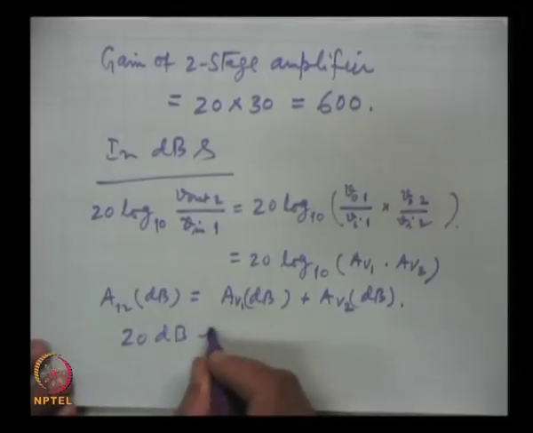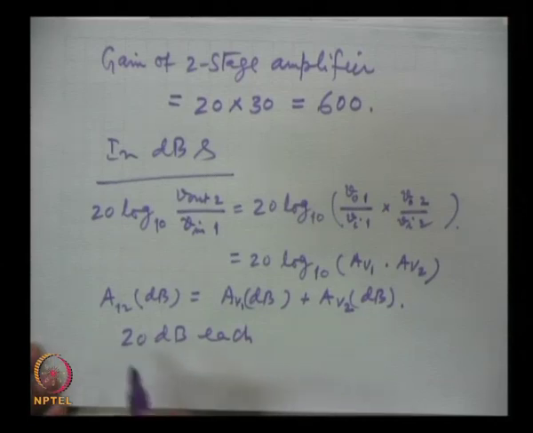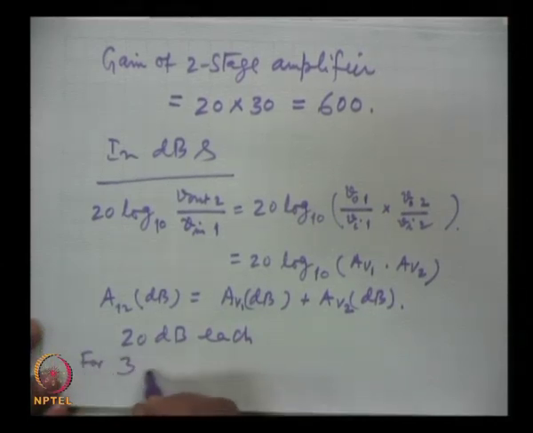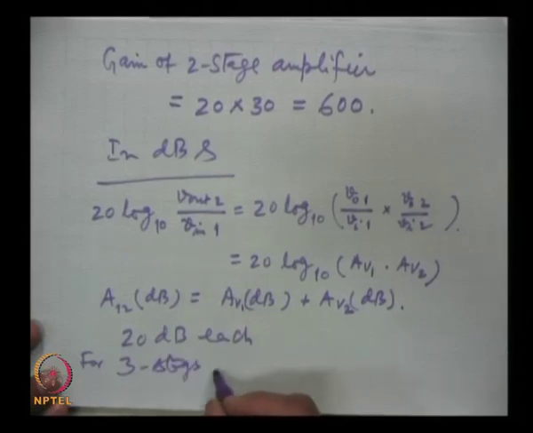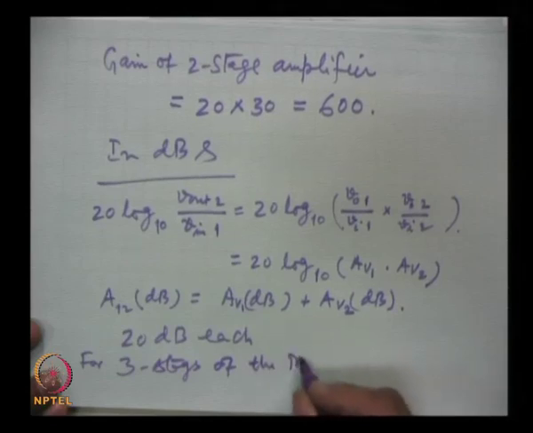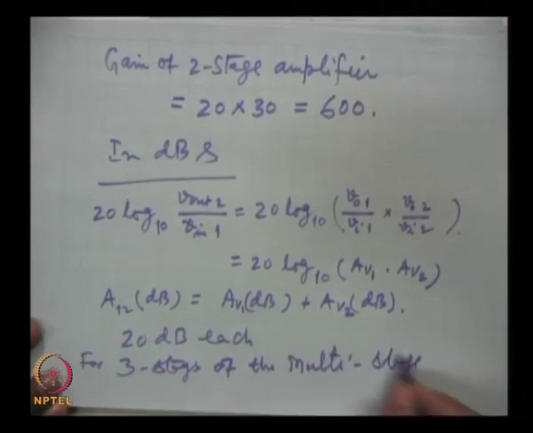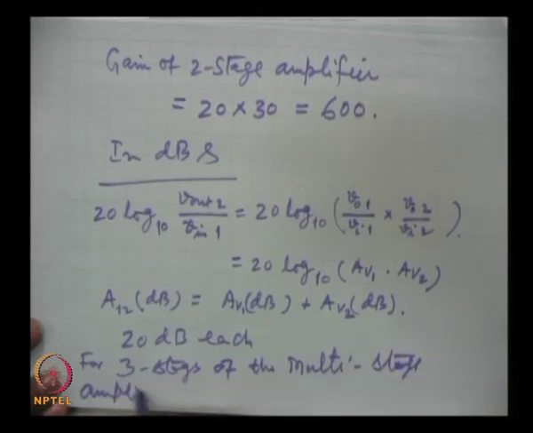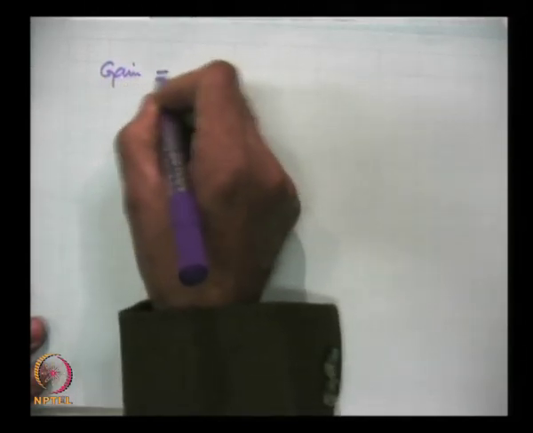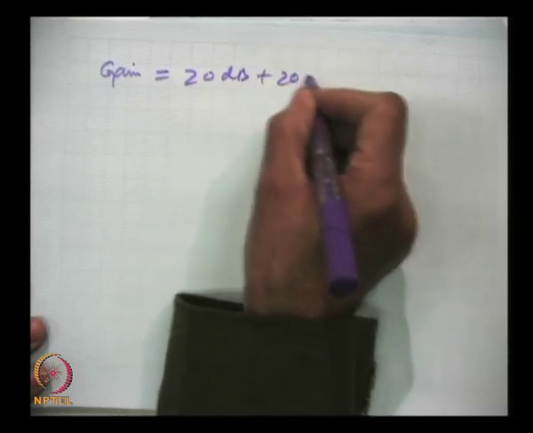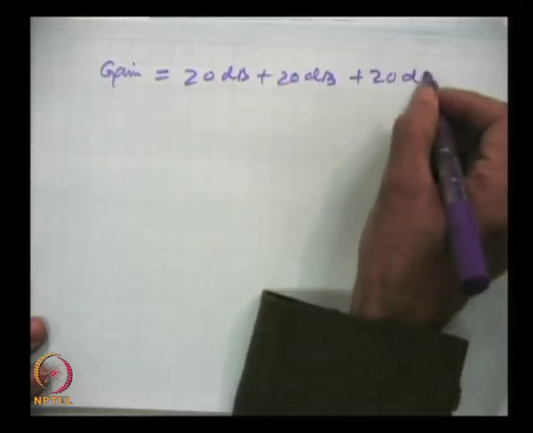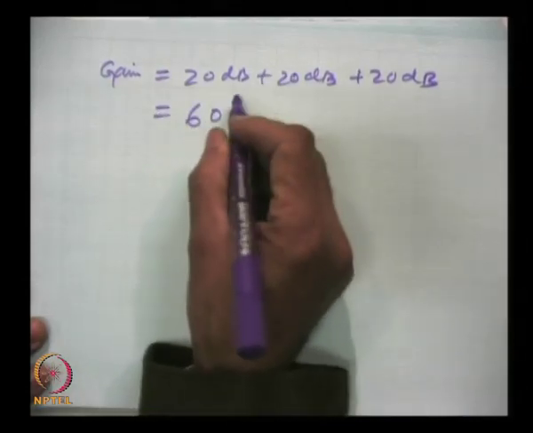So, for example, if 3 amplifiers have a gain of 20 dB each, then the gain for 3 stages of the multi-stage amplifier will be 20 dB plus 20 dB plus 20 dB. For 3 stages the gain will be 60 dB.